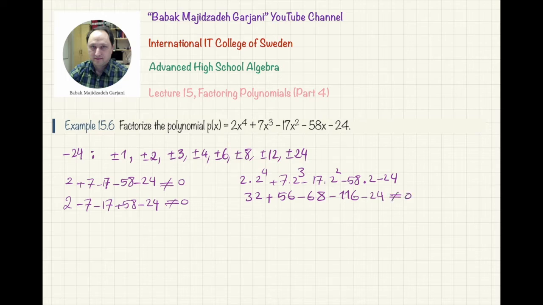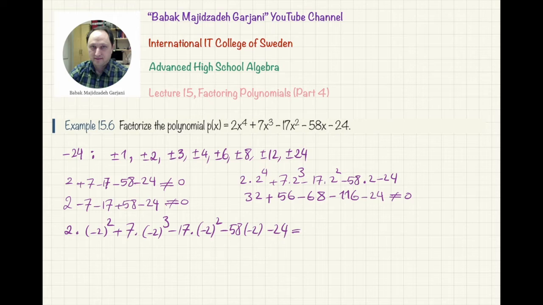I go to the next number, minus 2 this time. So I put minus 2. Then I will get 2 times minus 2 to the 2 plus 7 times minus 2 to the 3 minus 17 times minus 2 to the 2 minus 58 times minus 2 minus 24. So let me calculate it exactly in front of it.